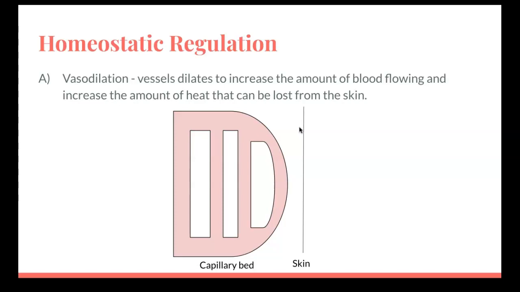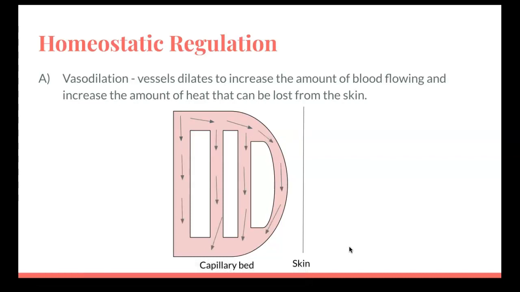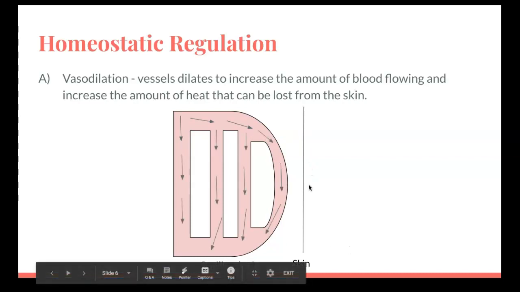We would do this if we were really, really hot and we want to get rid of some of that heat. If we're dilating our capillaries, they would become larger, a little bit bigger than they normally are. And blood would be able to flow through that capillary bed, which is really close to the surface of our skin.